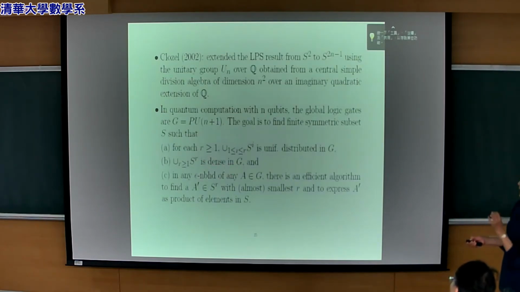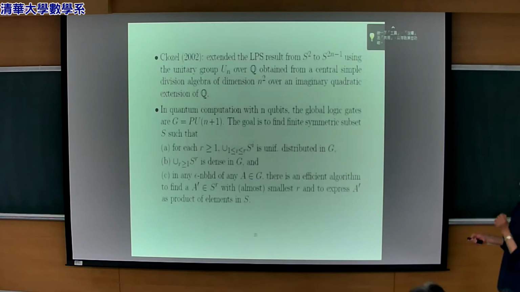If I choose any point A in the group, it may not lie in the image generated by the set S, but because this union is dense, any epsilon neighborhood of the point A should contain some points.